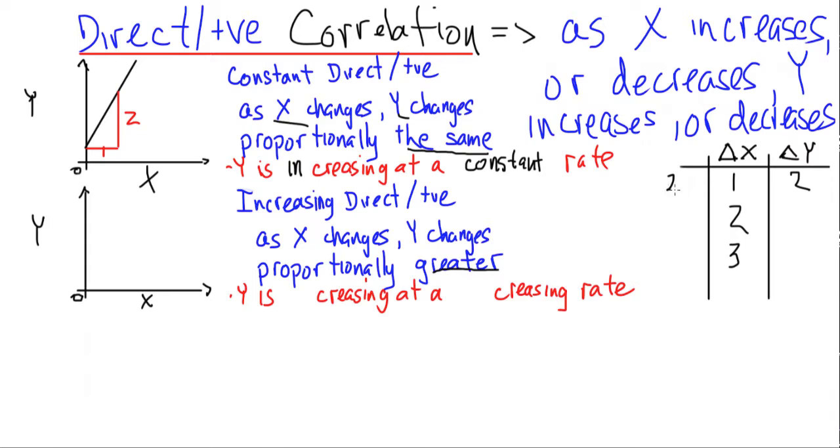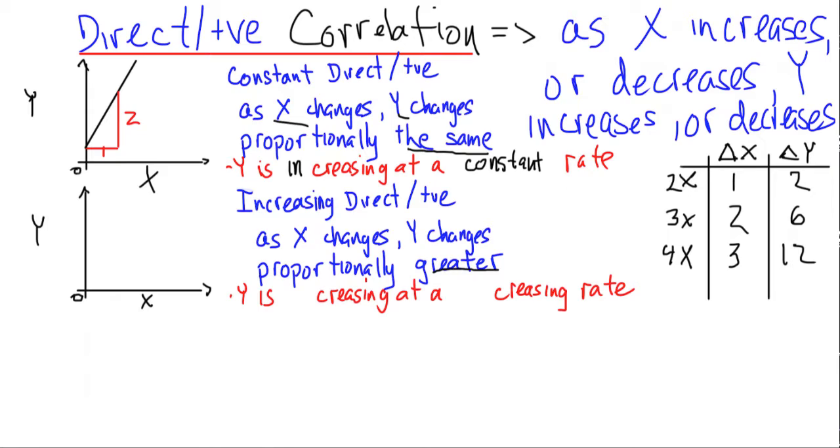This would be 2 times x. Then for y to increase a proportionally greater amount, let's say 3 times x, if x changes by 2, then y changes by 6. And then the last, we would be having, say, 4 times x. And so as x changes by 3, y would change by 12.